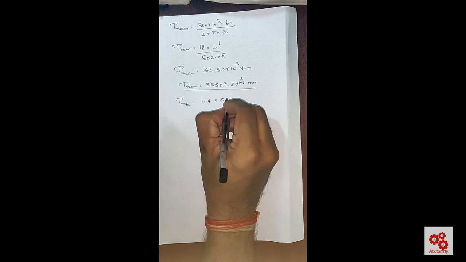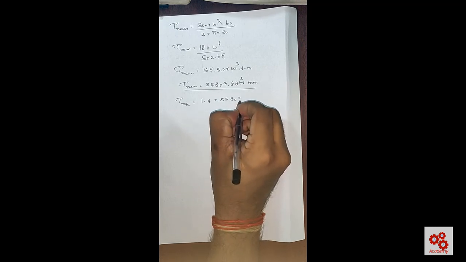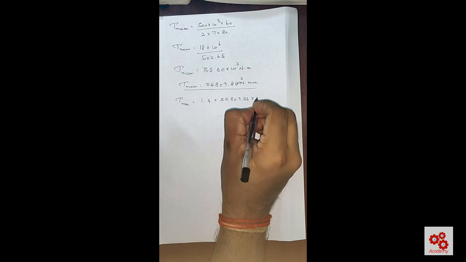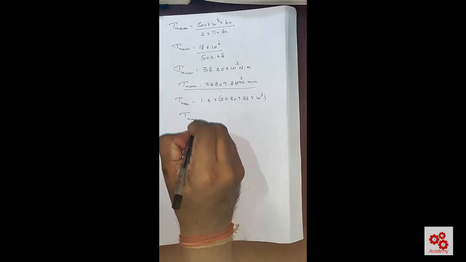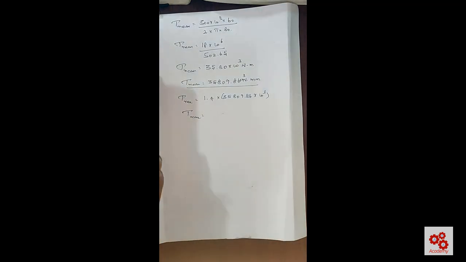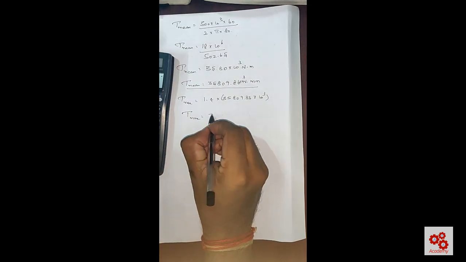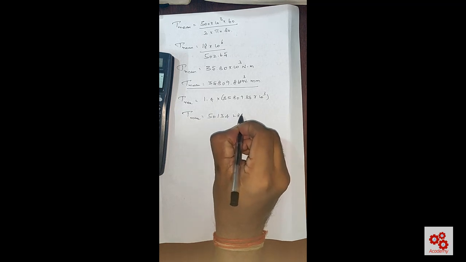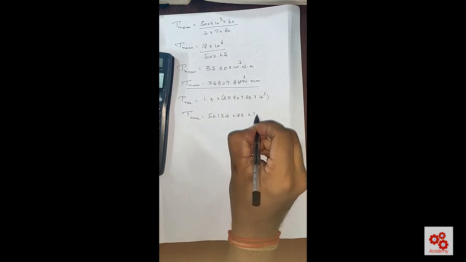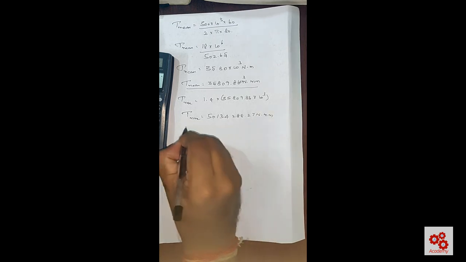The T mean value is 35809.86 into 10 to the power 3. Multiplying these two values, we get 50134288.27 Newton mm.